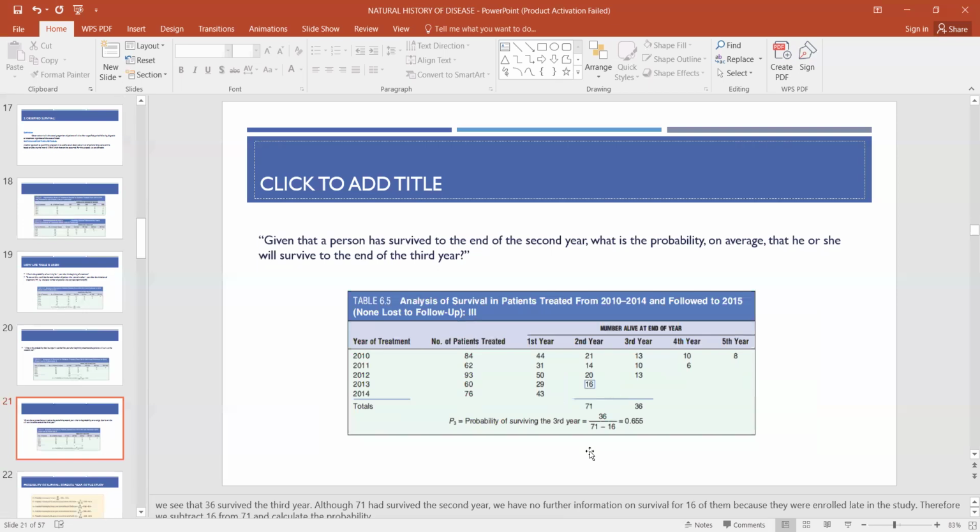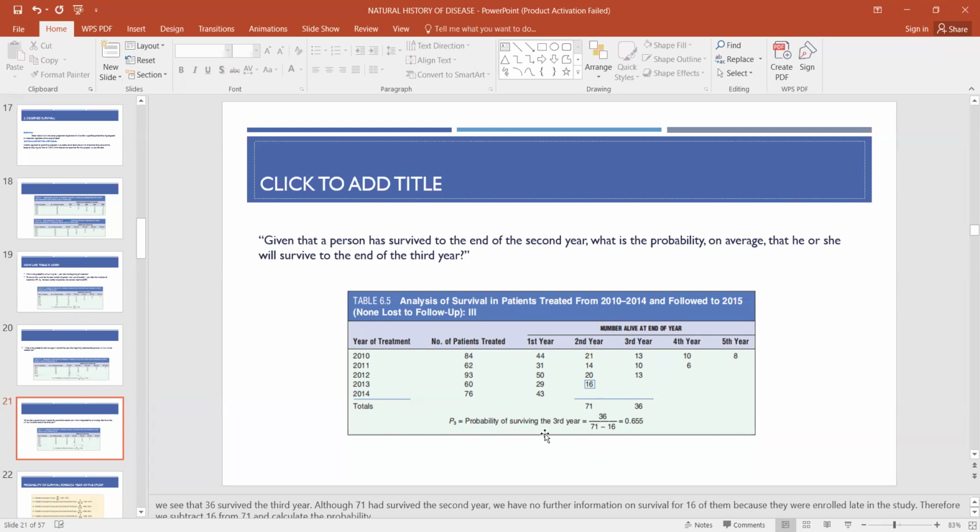Given that a person has survived to the end of the second year, what is the probability on average that he or she will survive to the end of the third year? So we see 36 are the people who survived after the end of the third year, divided by 71 who survived the second year, and we subtract these 16 because we do not have information about these 16 because they were enrolled late in the study.